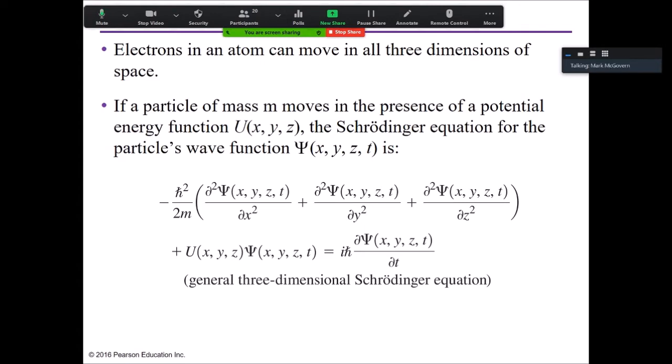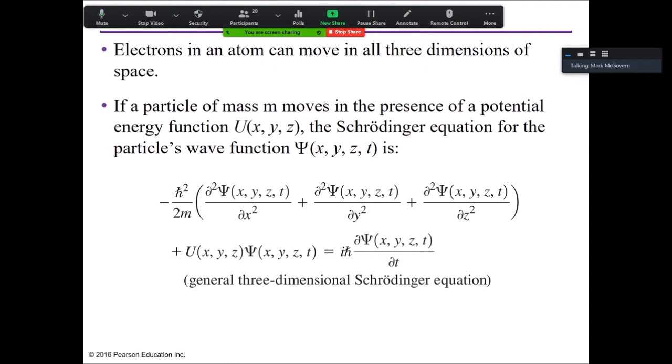Now, it's by no means simple, but in reference to all the other problems we could possibly do, it actually is simple. But it does involve us invoking three-dimensional things.